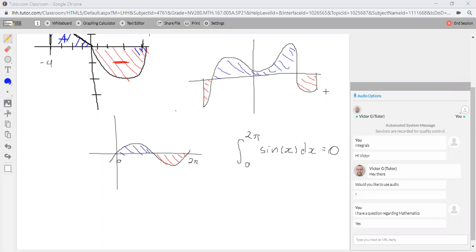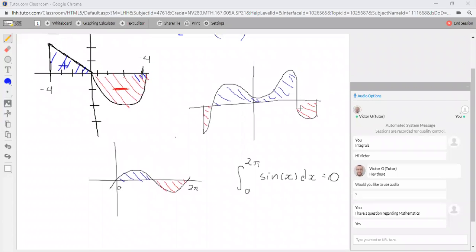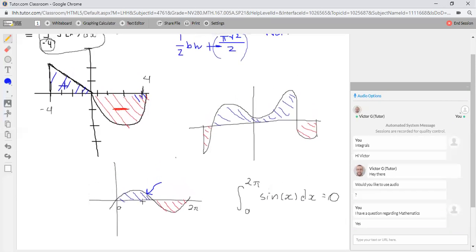I see. So just because you have positive area here, you're not counting the area of this particular section because it is canceled out by the equivalent negative area. Yeah, exactly.